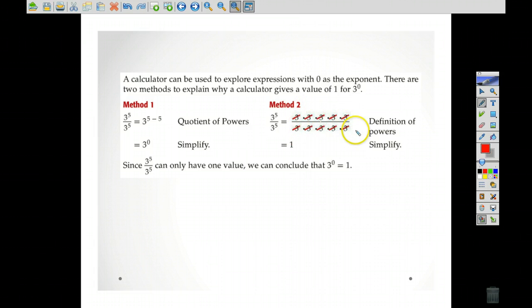They all cancel each other out. That means 1 over 1. Okay, just like if you have 3 over 3, that's actually 1, right? So everything cancels out to be 1. Since 3 to the 5th over 3 to the 5th can only have one value, we can conclude that 3 to the 0th power equals 1.